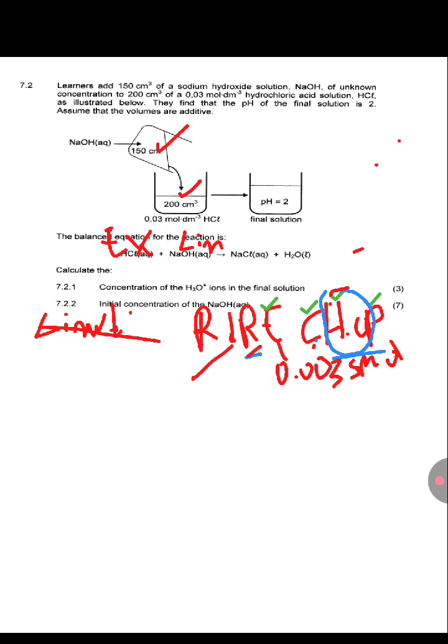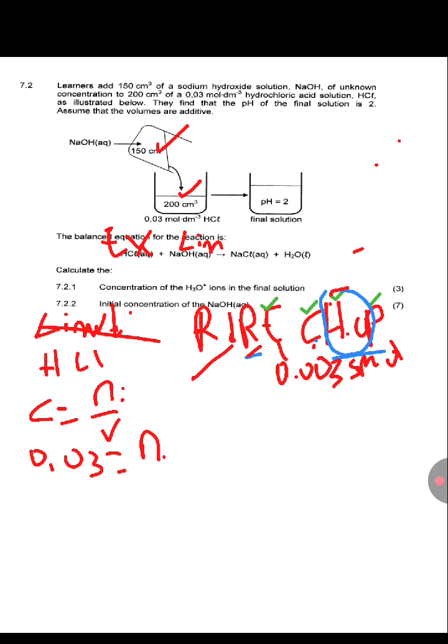I'm going to say now C equals N over V, and this number of moles is the initial number of moles for the hydrochloric acid, the excess reactant, right? Now, the concentration of the hydrochloric acid we already have, 0.03.